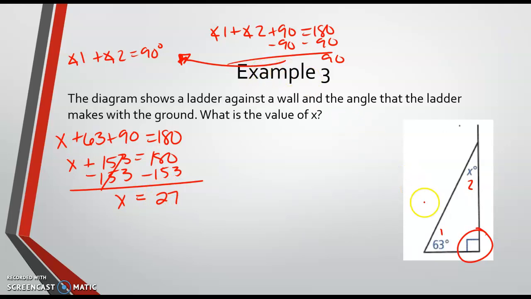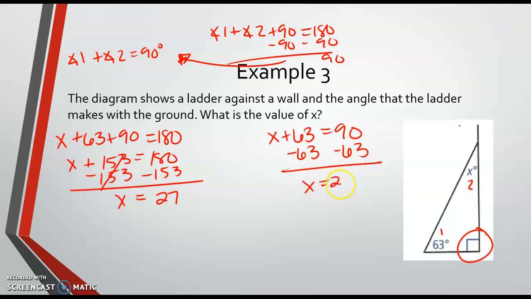Now, because it's a right angle, I can use that corollary and I can just say x plus 63 equals 90. Subtract 63 from 90, and I get that x equals 27. So, same answer either way, it's just whichever one you remember.